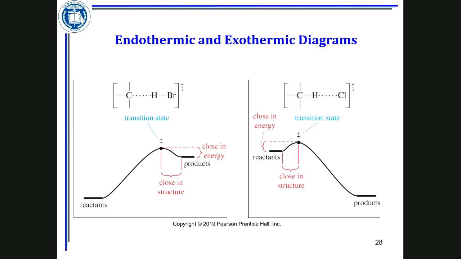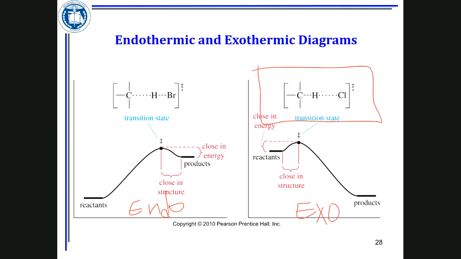Okay, the diagrams: we have endothermic, this is the endo. I make the folder, endo for endothermic reaction. This is the exothermic reaction. What is happening in the transition state for an exothermic reaction? For an exothermic reaction, the transition state still looks like a reactant.